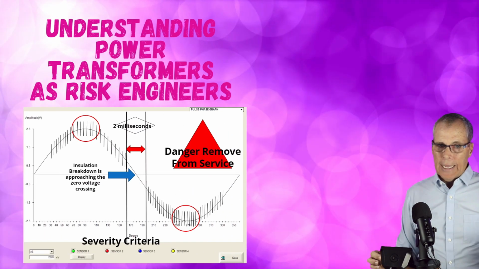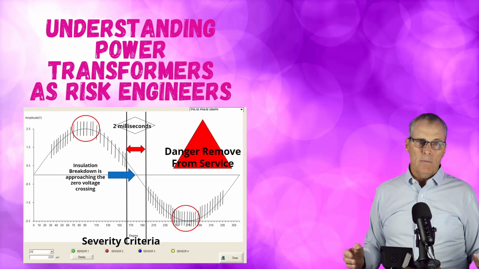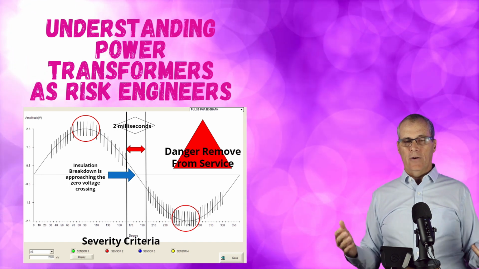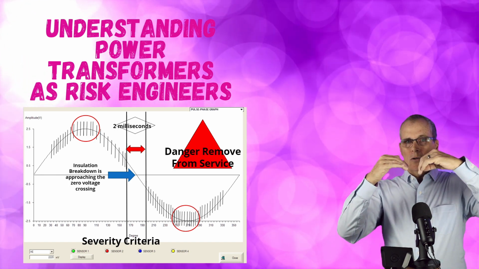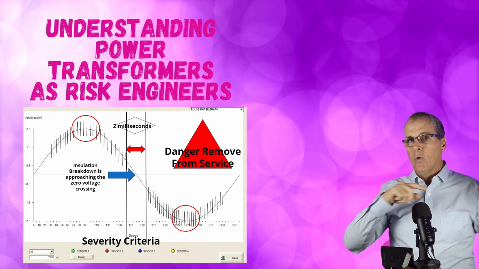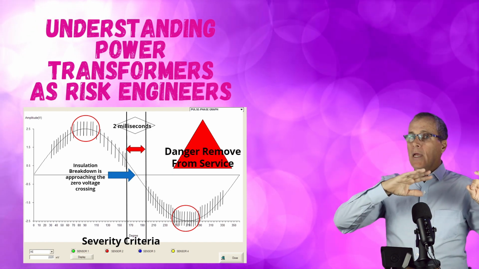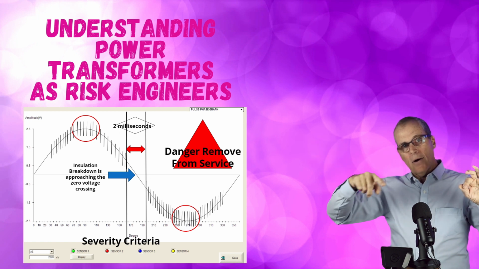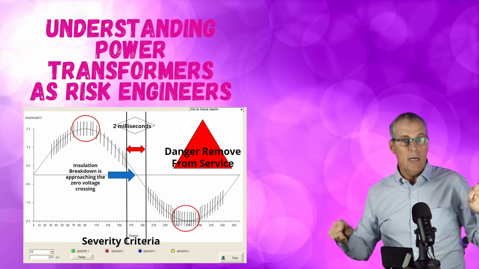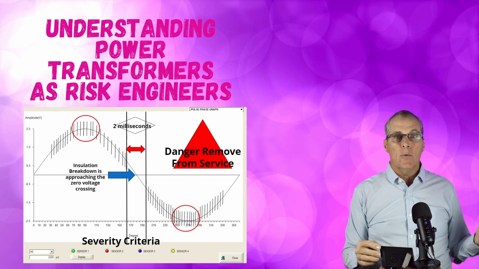Now, you go back out and you measure it and you see that it's only 2 milliseconds. Well, you can see what's happening here is that we're getting closer and closer to continuous discharge. 100%, the whole sine wave filled up with discharge, means the voltage is leaking. We don't have a solid circuit anymore. And that's when we have the complete arc.